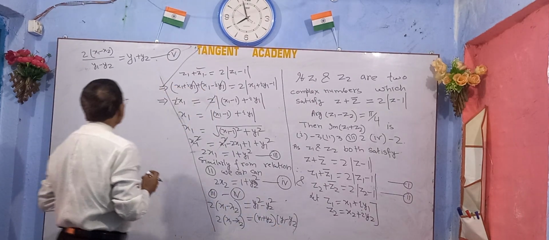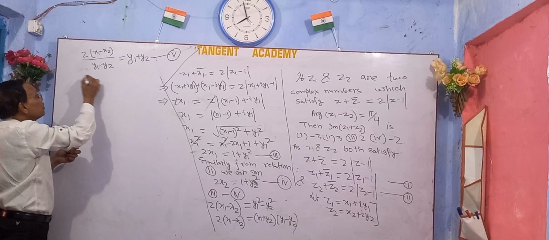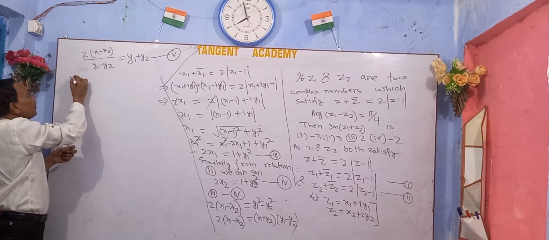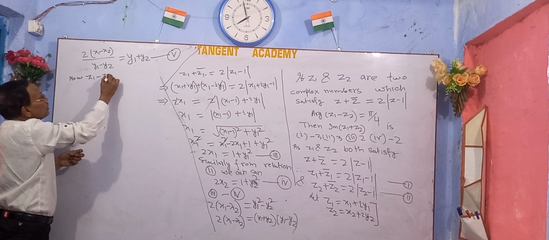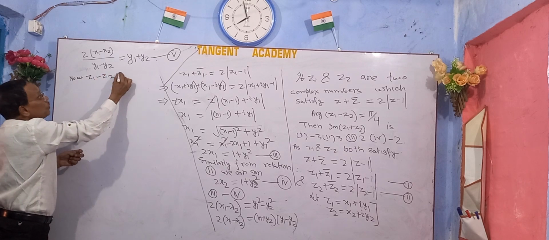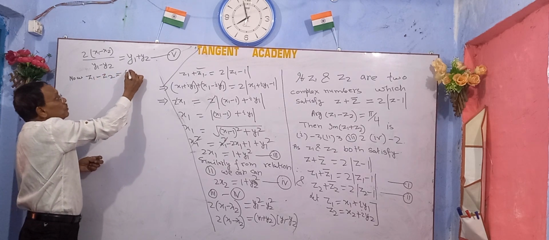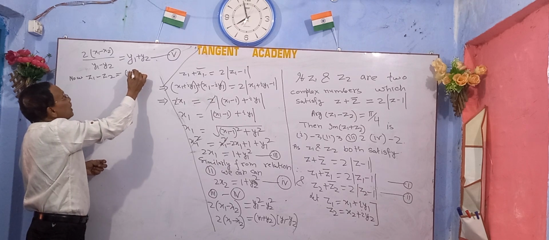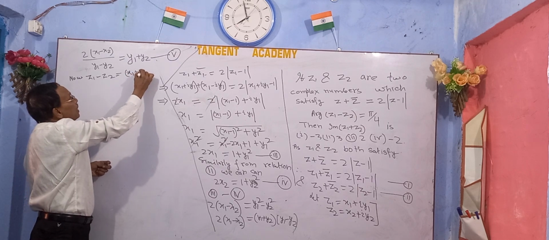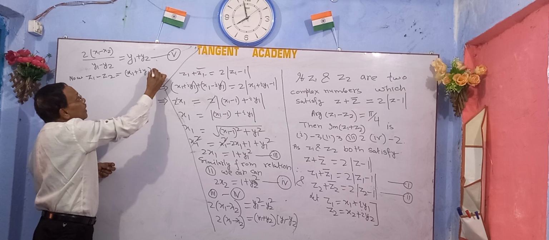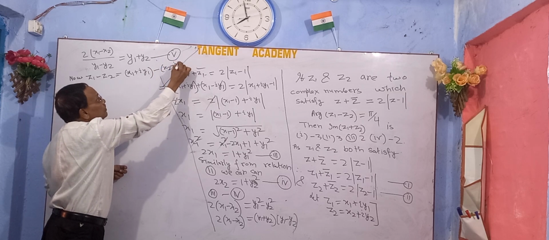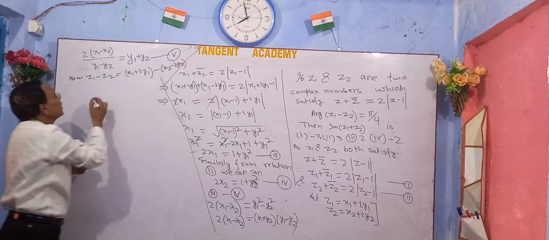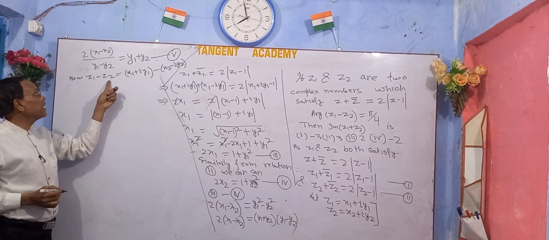Now we are going to find z1 minus z2. z1 minus z2 is equal to x1 plus i y1 minus x2 minus i y2, where z1 and z2 are two complex numbers.